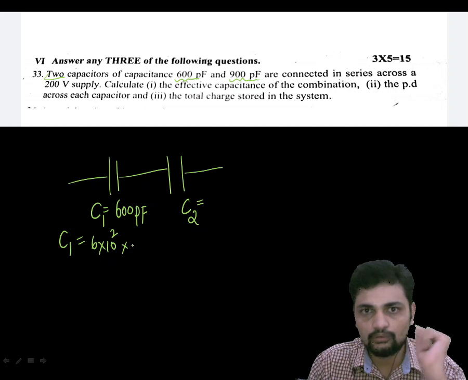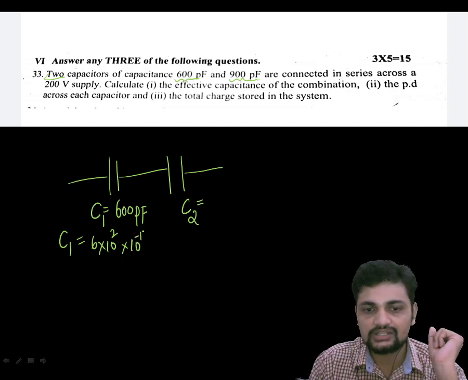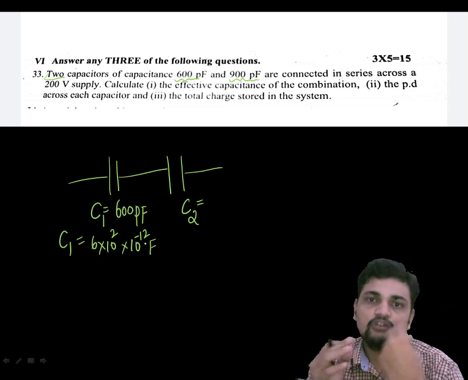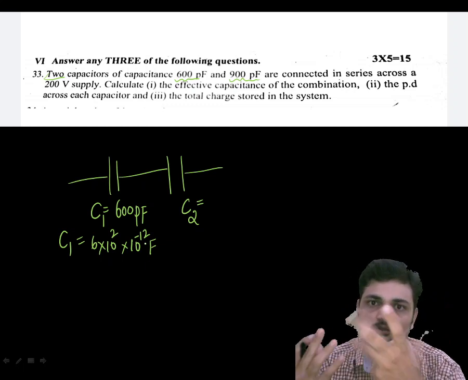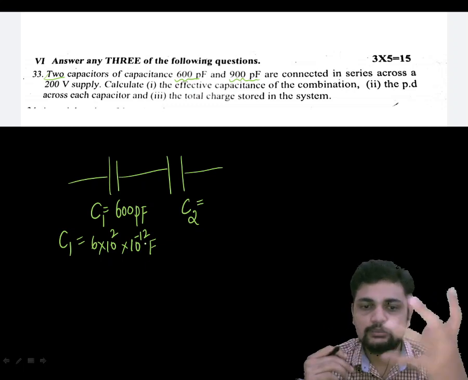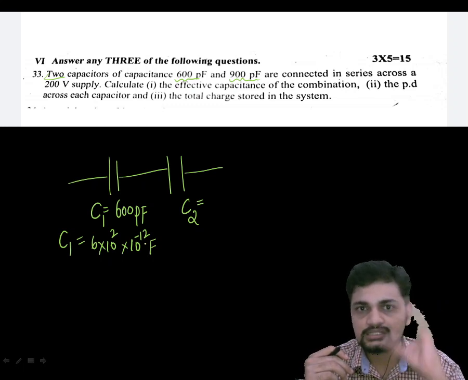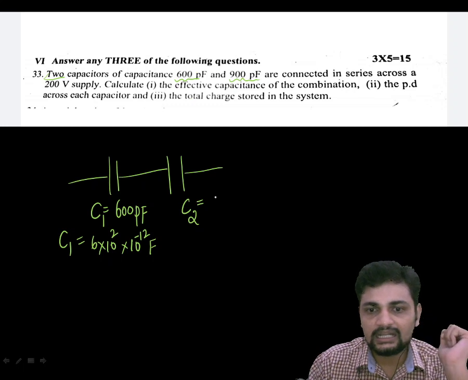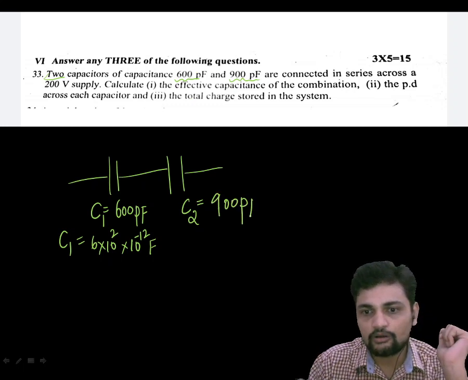If you want to convert to farad, you need to multiply with 10 raised to minus 12. Like for milli we have 10 power minus 3, for micro 10 power minus 6, and for nano 10 power minus 9. Similarly, for pico we have a prefix to convert to SI unit as 10 power minus 12. And another capacitance value is 900 picofarad.